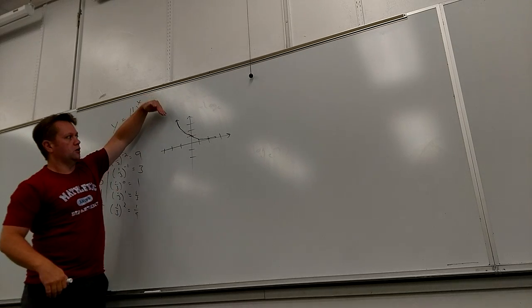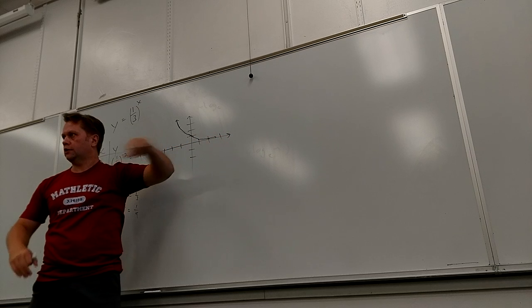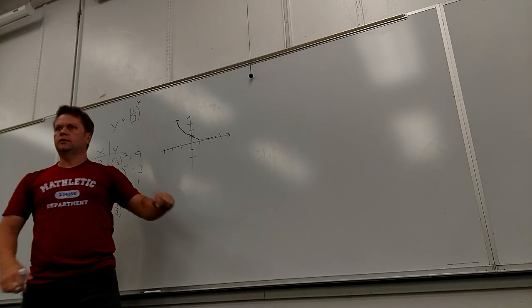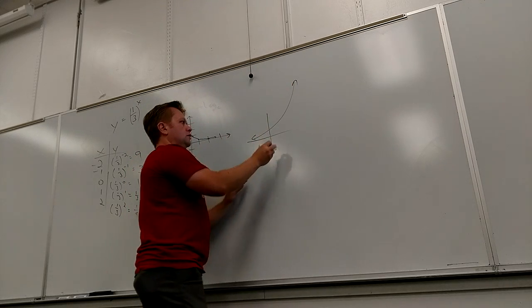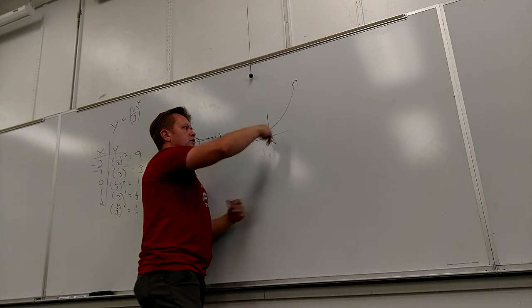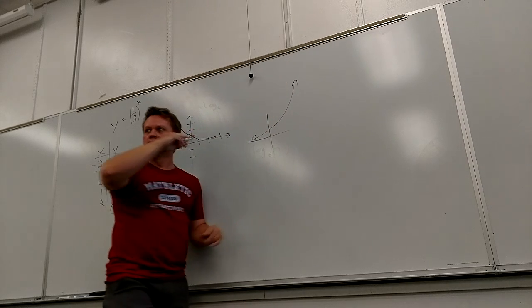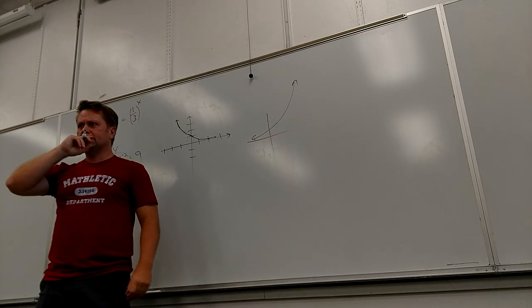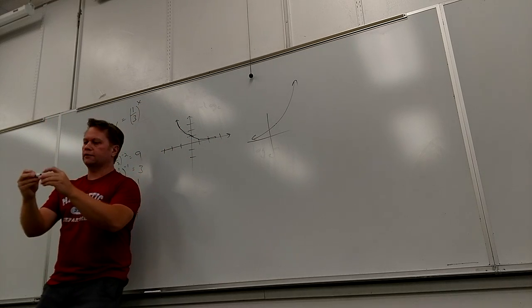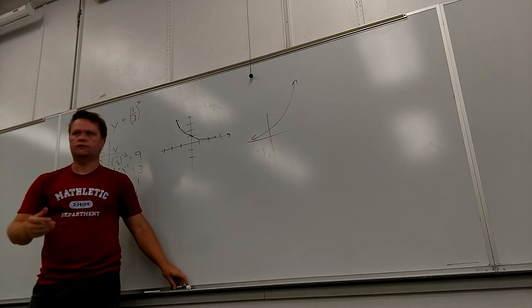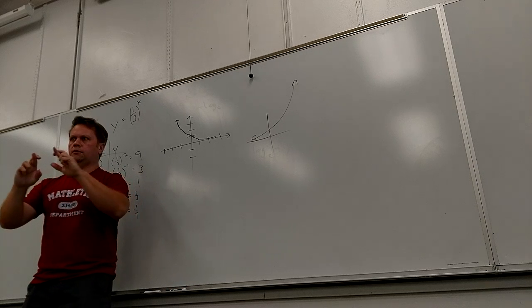It just takes a long time to decay. A normal exponential models population growth: you get some people, you give them some time, they make more people. This is decay, like radioactive decay.